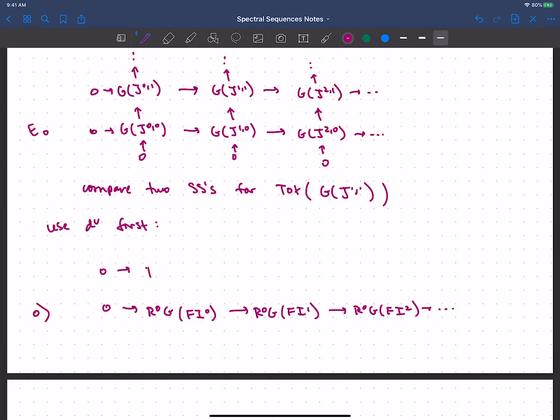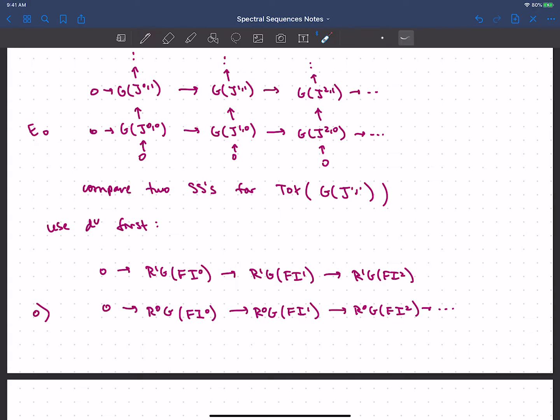Right above that I have the first right-derived functor still applied to F of I0, that came out weird, and same thing here for F of I1, and for F of I2.